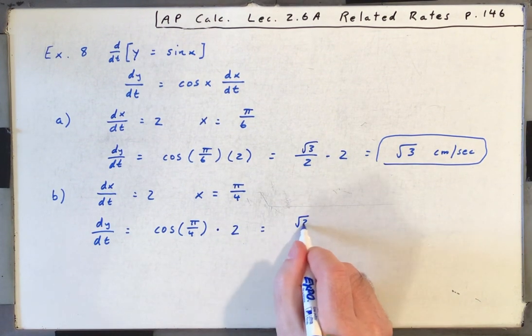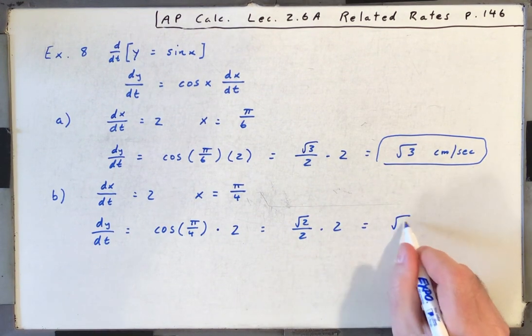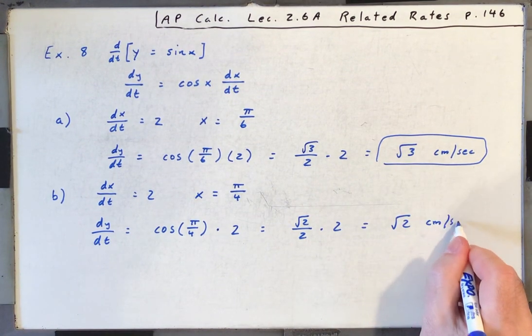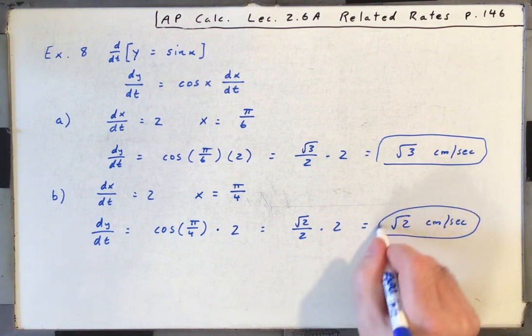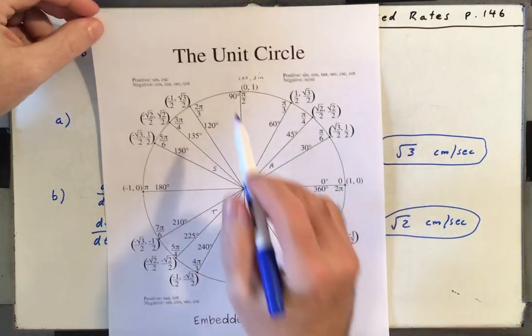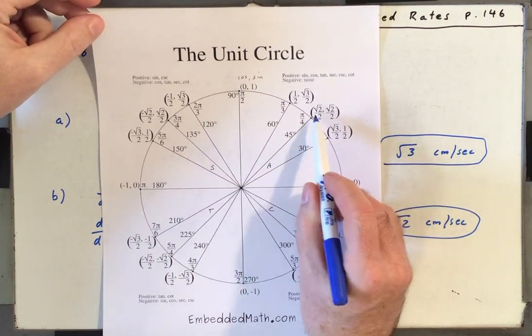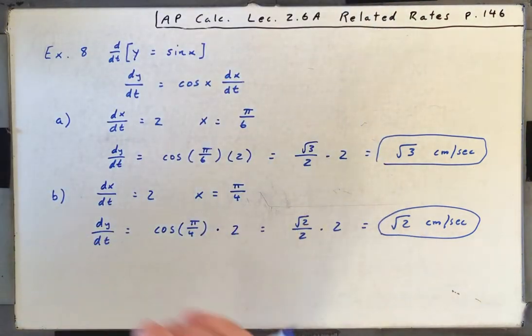That's going to be root 2 over 2 times 2. The 2's will cancel, and that's root 2. And remember, just your unit circle, it's cosine, then sine, so root 3 over 2 for pi over 6, root 2 over 2. And then if you're just dying to do them, you can do the other two.